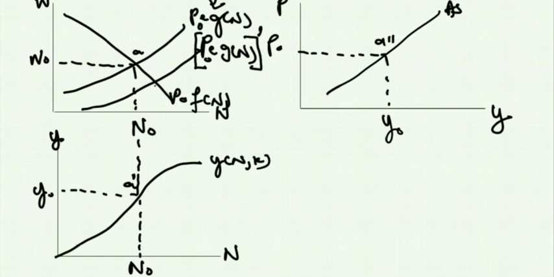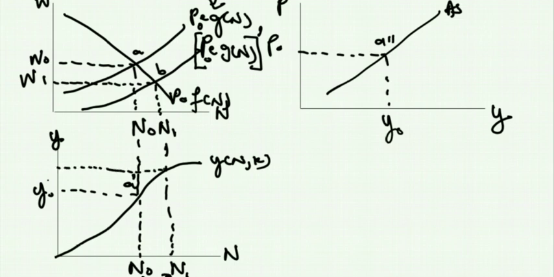So clearly you can see employment increases in the labour market from N0 to N1. We move to point B from point A. Nominal wage becomes lower. Also here, employment in the production function, you can see increases from N0 to N1. As a consequence, output increases from Y0 to Y1. But no change in the price.